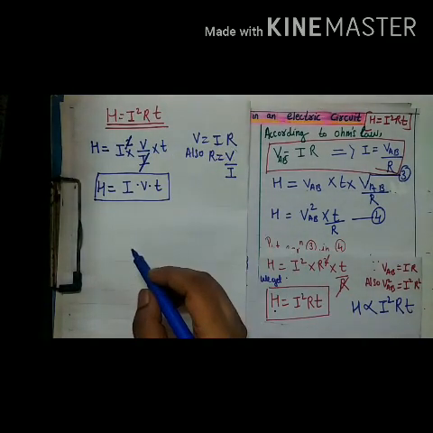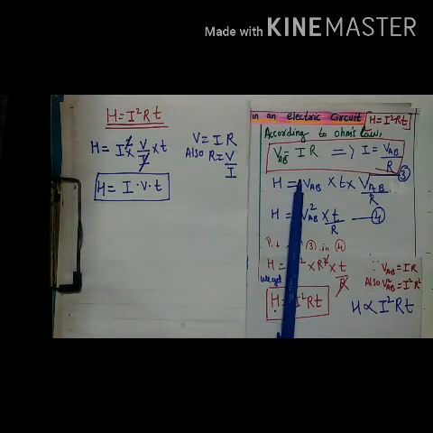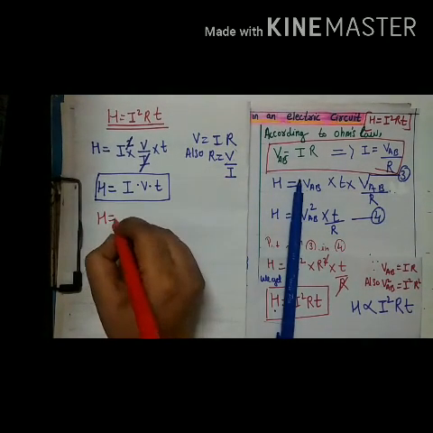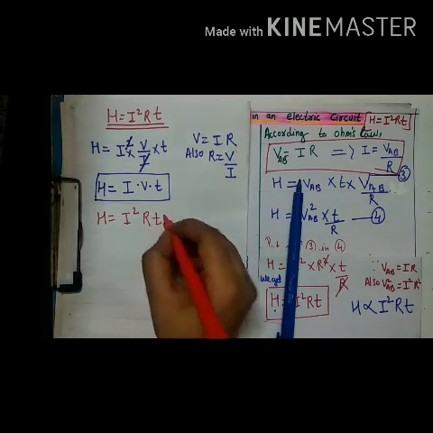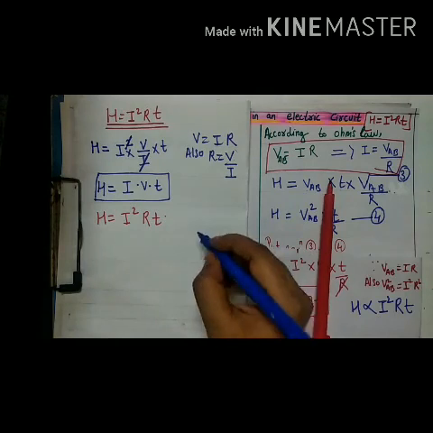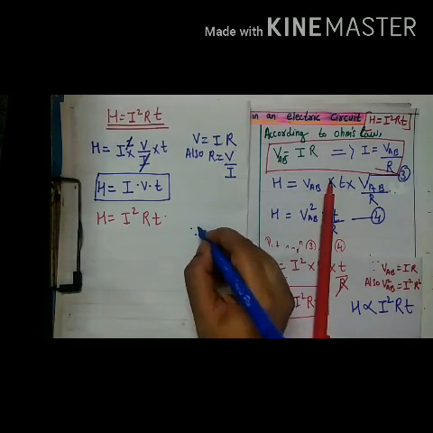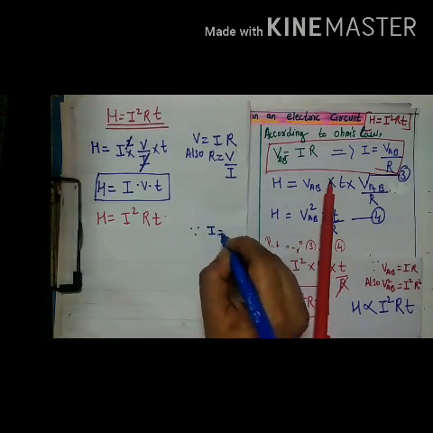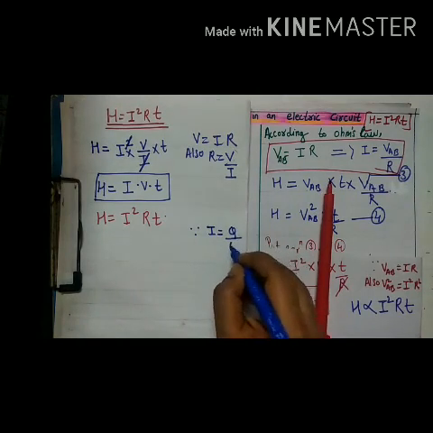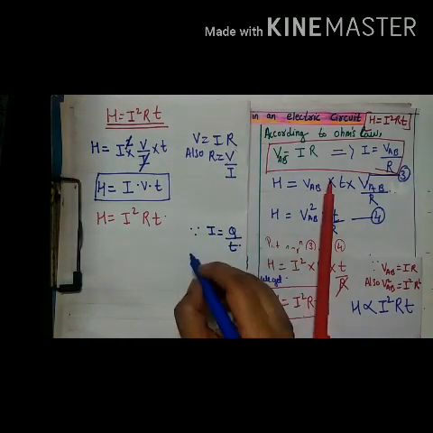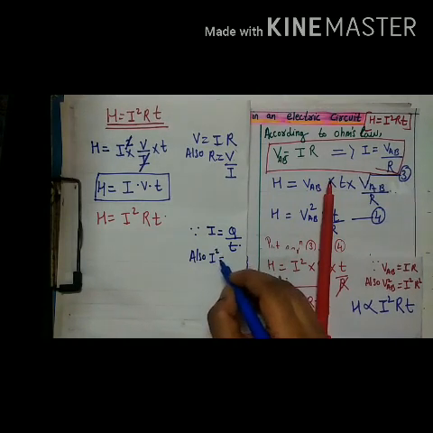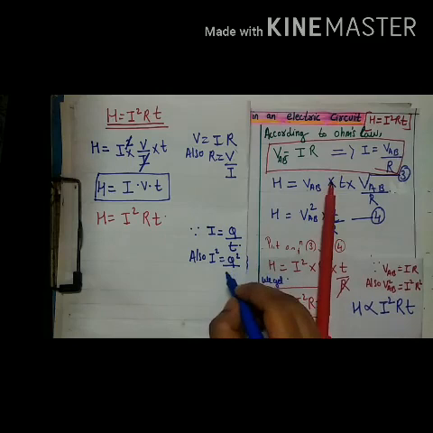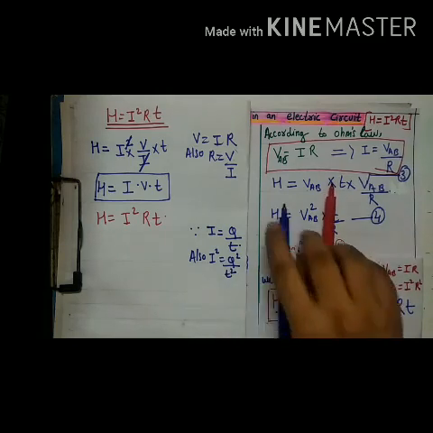Now we can change into more forms. Since H = I²RT, let's consider I = Q upon T. Also, I² = Q² upon T².